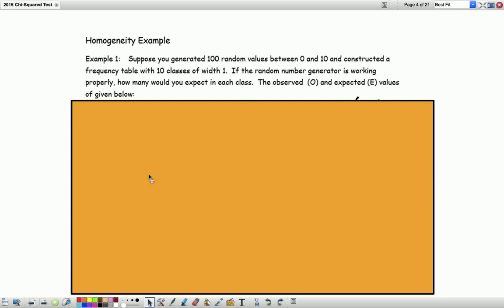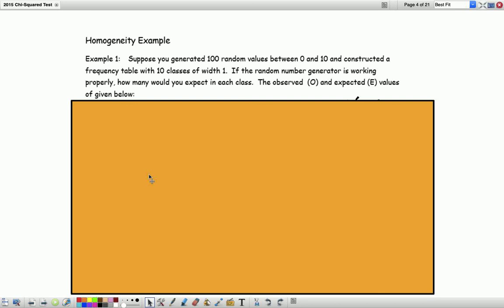So here is an example of homogeneity. Homogeneity is when we expect all of the categories to have the same amount of people, whatever it is. So in this case, suppose I generate 100 random values between 0 and 10, and I construct a frequency table with 10 classes, or 10 bins of width 1.